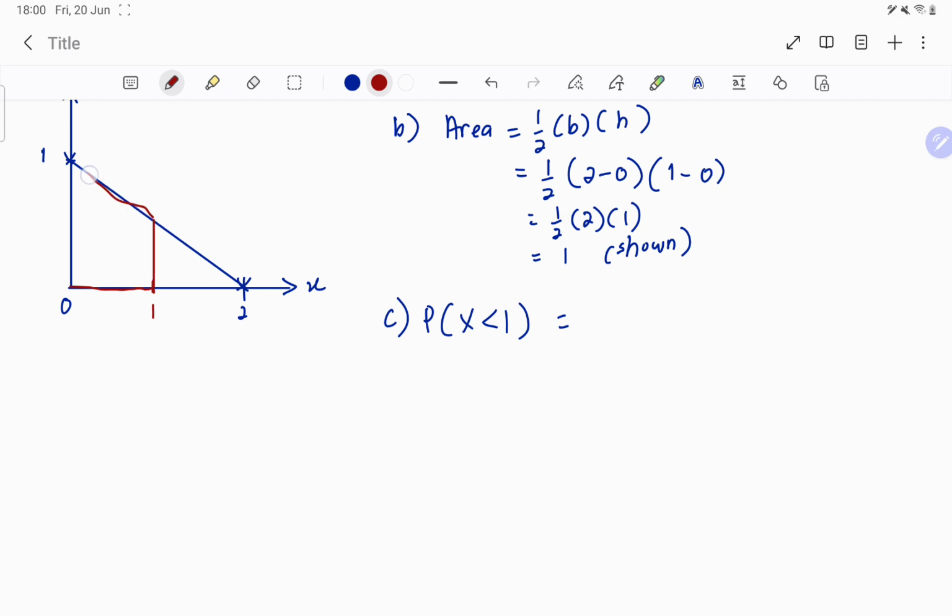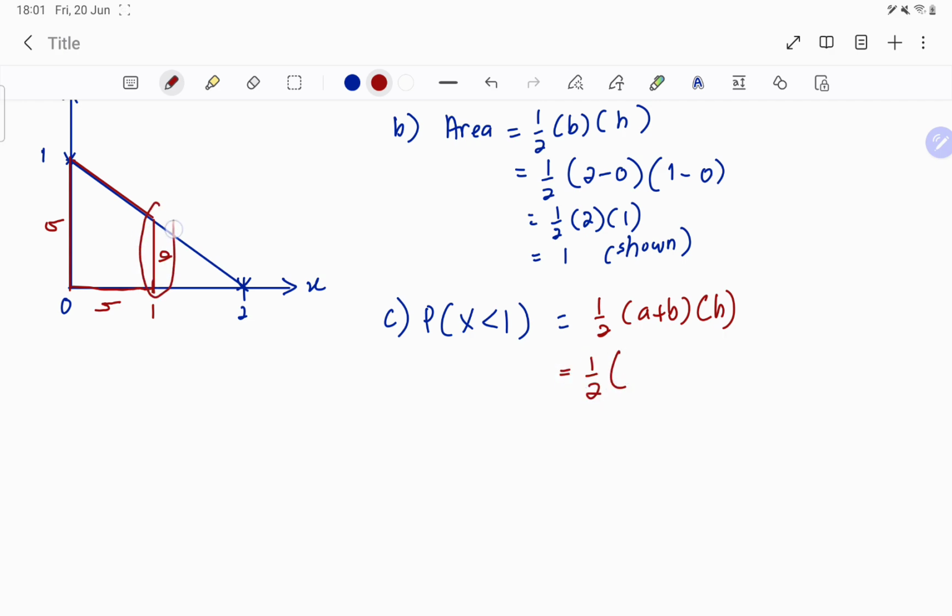The shape is a trapezium, so we use the area of a trapezium, which is 1/2 multiplied by (a + b) multiplied by h. Since this is a trapezium, you can tilt your screen. This will be your a, this one your b, this one your h.